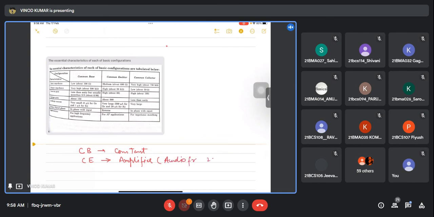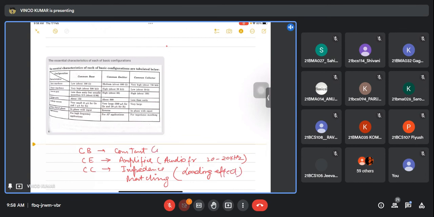Audio frequency range is 20 to 20 kilohertz, जो मैं बोल रहा हूँ basically. Okay, common collector is for impedance matching. Or in order to avoid the loading actually.